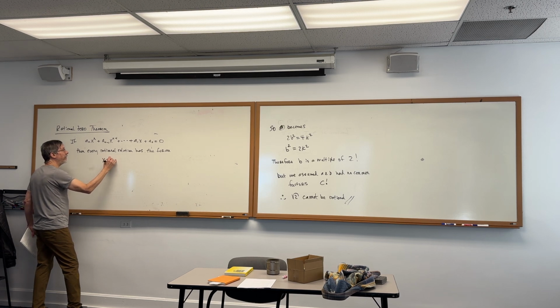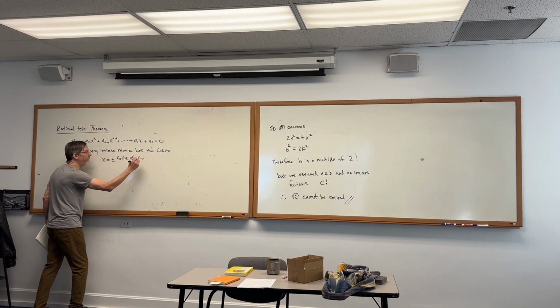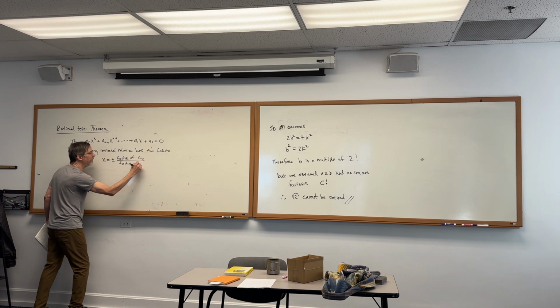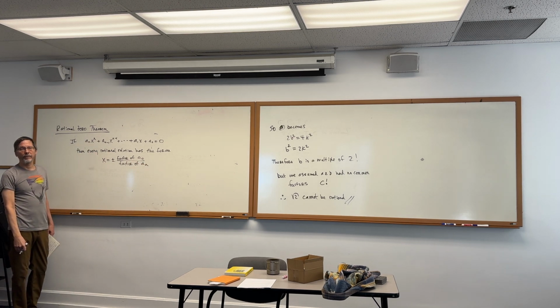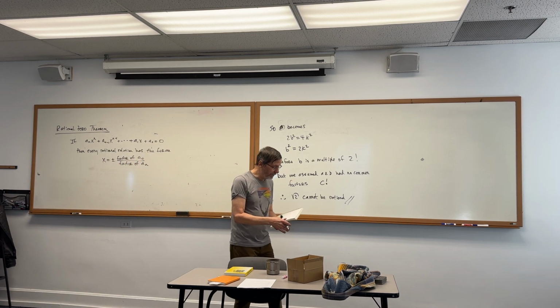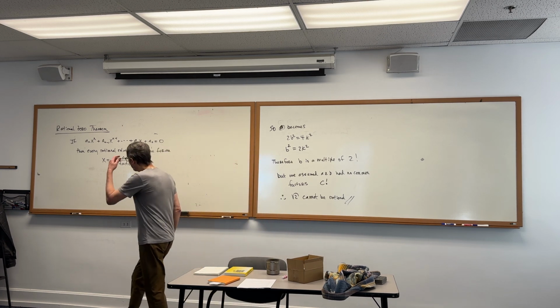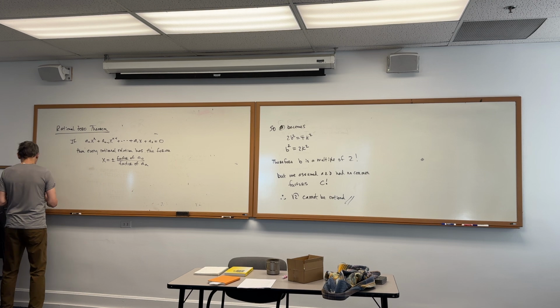X is equal to plus or minus a factor of the constant term over a factor of the leading term. And we'll do a quick example just to make sure we believe that. Do a little sneaky work over here.